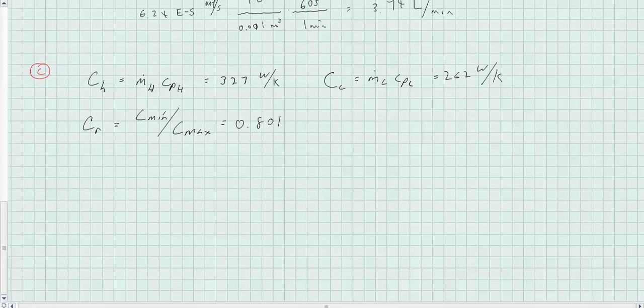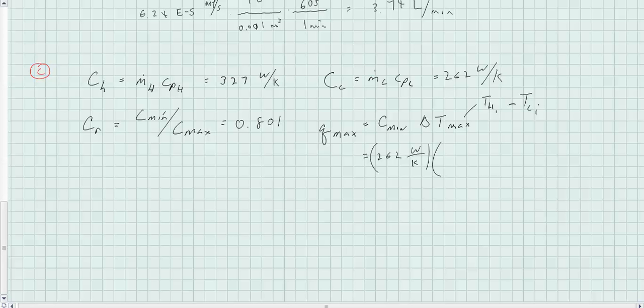We also should calculate Q max. These are just kickoff calculations that you should right away attempt when going after the epsilon NTU method. So Q max equals the C min times the delta T max. That value is 262 watts per K. The delta T max, again, is the T hot in minus the coolant in.